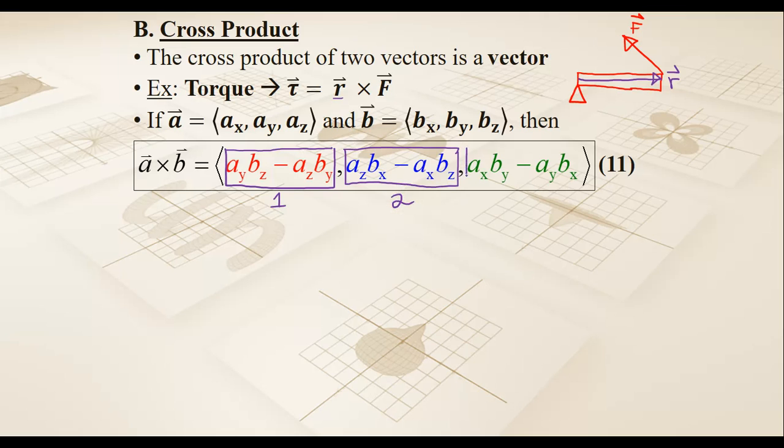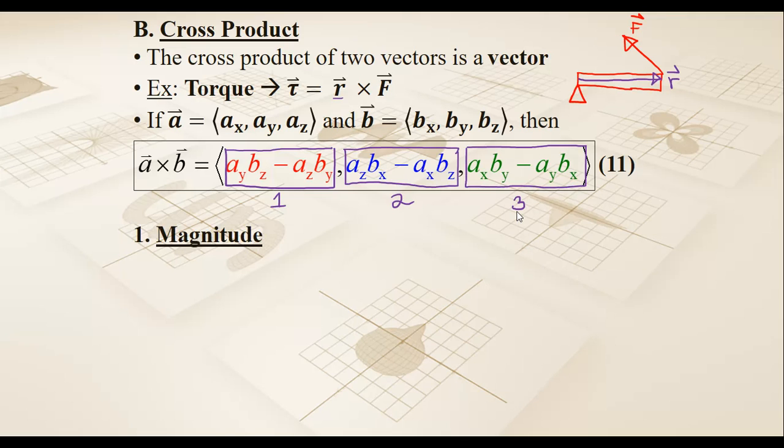And then if you take AX, multiply by BY, and subtract AY times BX, you would get the third value in the ordered triple. So again, tougher than a dot product because you're getting three different values, and each of those values involves evaluating an expression.